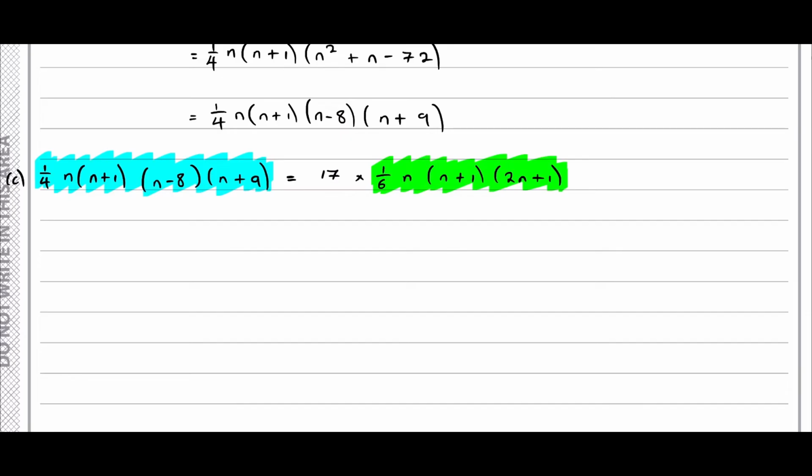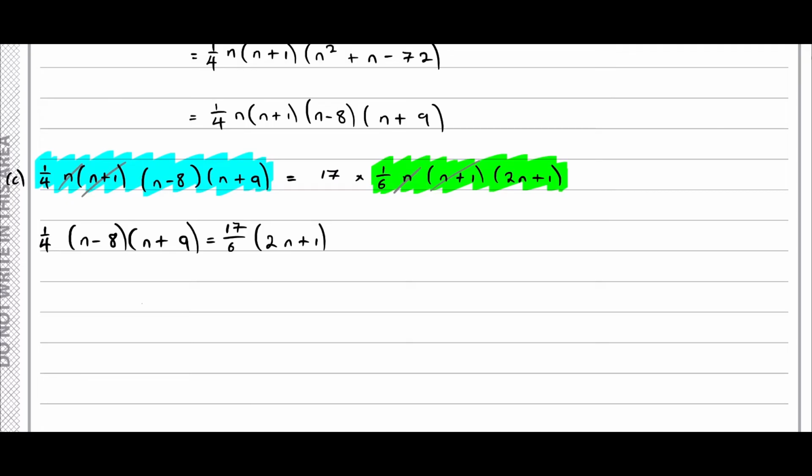First of all, you'll notice that the n here and here cancels, and the n plus 1 here and here cancels. And then we have 17 over 6 on the right hand side, and on the left hand side we have 1/4. So we have 1/4 lots of n minus 8 lots of n plus 9 on the left hand side, and on the right hand side we have 17 over 6 lots of 2n plus 1.